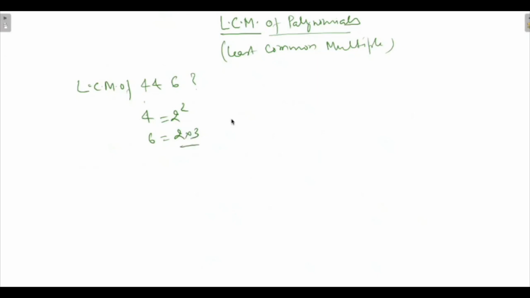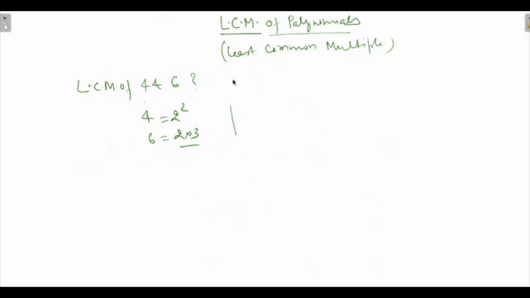Okay, so what will be the LCM here? 2 actually would be the HCF. Okay, so here we are saying least common multiple. Again, the number which would be divisible by 4 and 6 both. The number which is divisible by 4 and 6 both will be the least common multiple.